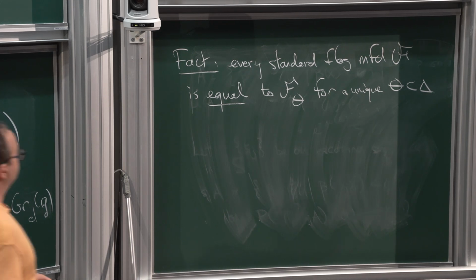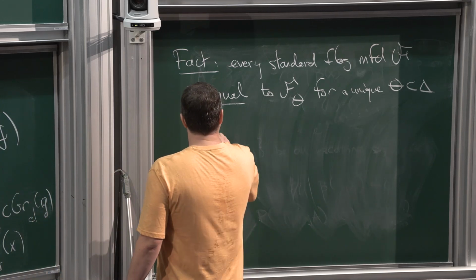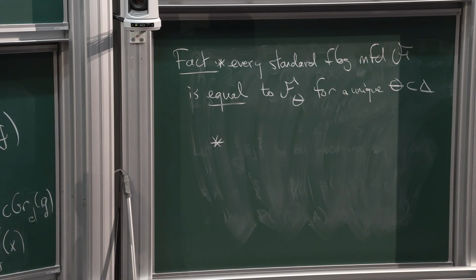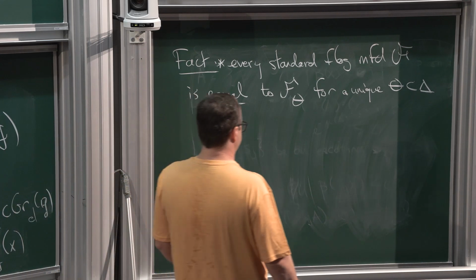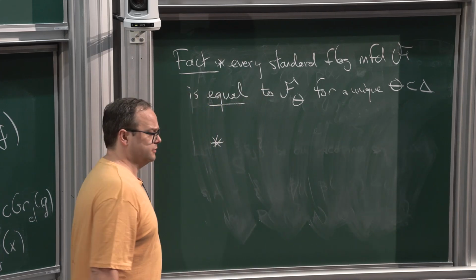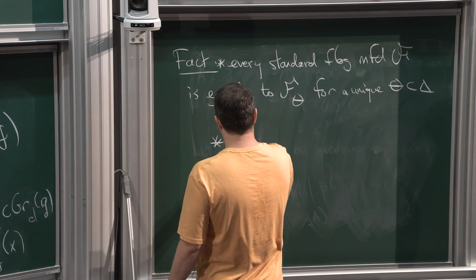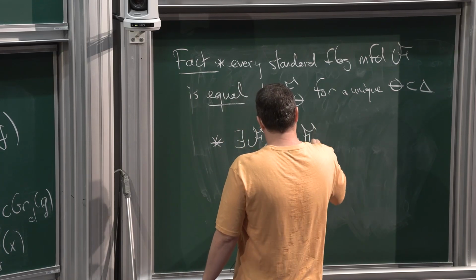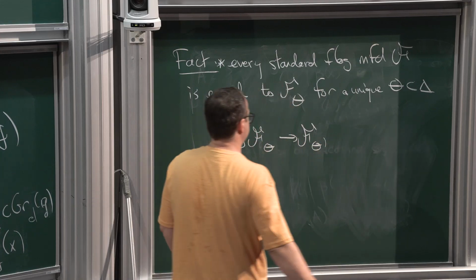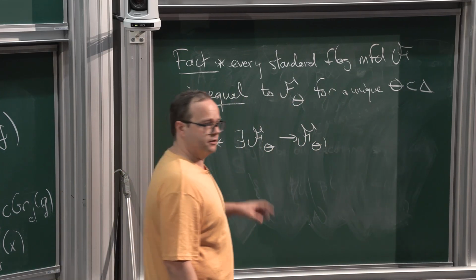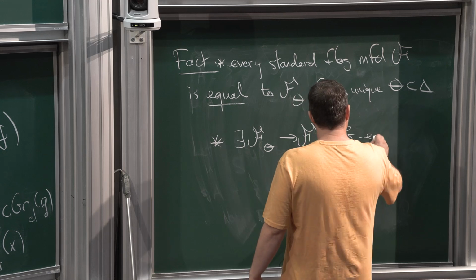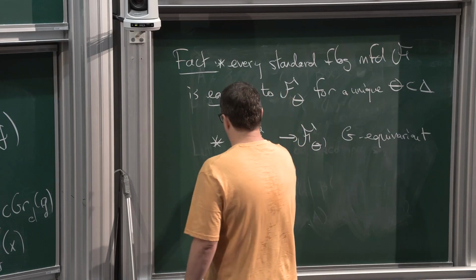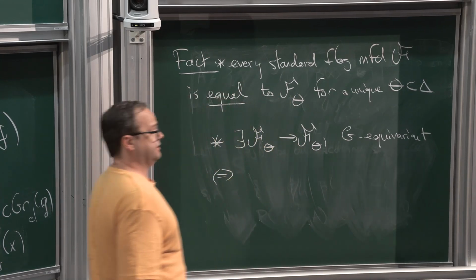And something else that you'll have, that we'll probably forget and eventually come to later, is the notion of domination between flag manifolds. So if you have two subsets, theta and theta prime, you can wonder if there is a G-equivariant map from one to the other. And now with this restricted root space, there's a nice description of this.